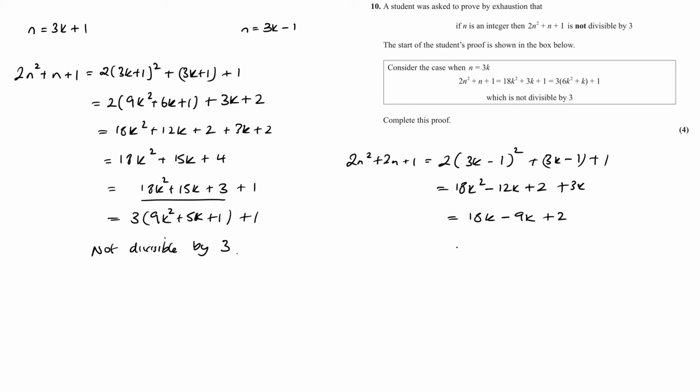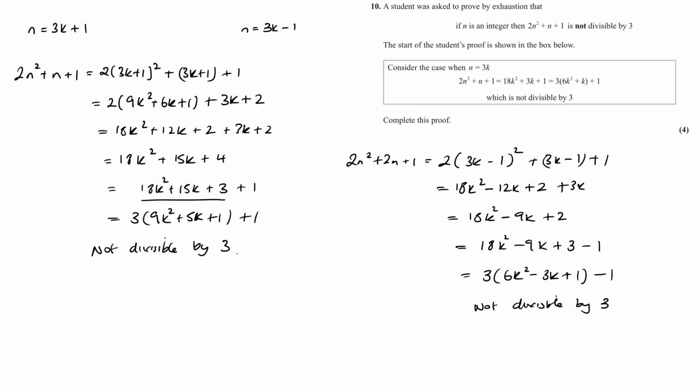That's it simplified, but to get my divisible by 3, I need to change the 2 into something equivalent. So I want to make it 3 minus 1, because 2 is the same as 3 minus 1, and 3 is obviously divisible by 3. And then I can say, right, 3 times 6k squared minus 3k plus 1, minus 1, not divisible by 3.